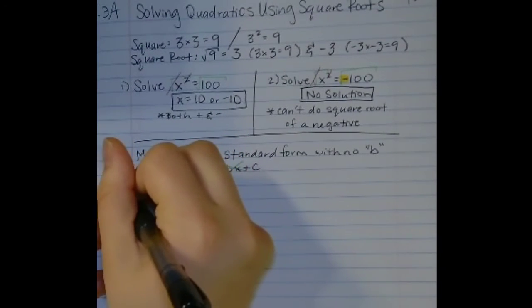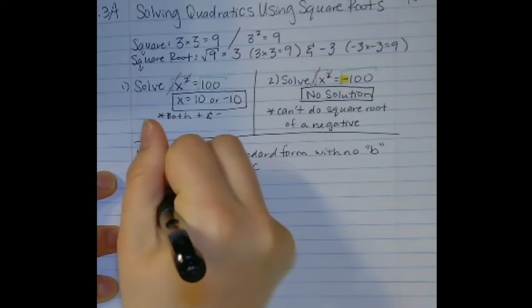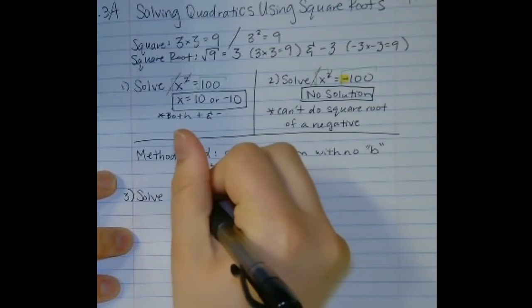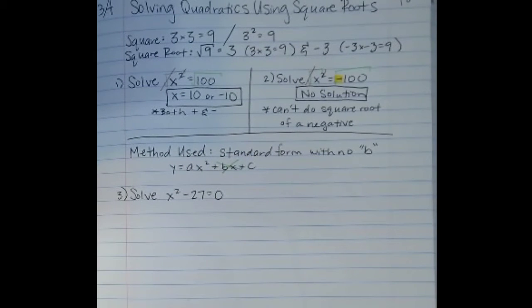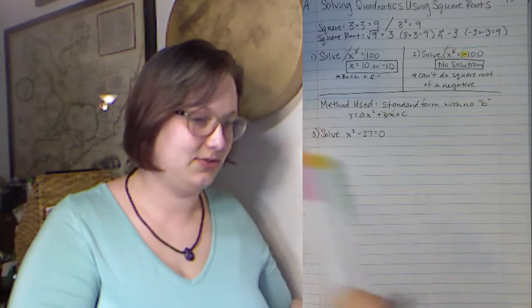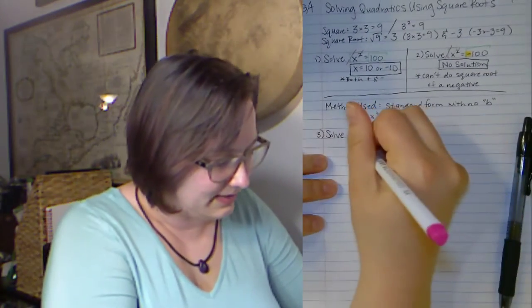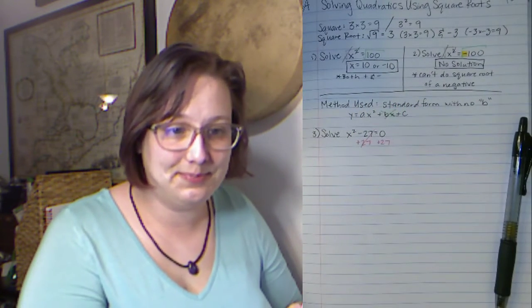So, for example, let's do a third problem. We're going to solve x squared minus 27 equals 0. So if we do x squared minus 27 equals 0, what I'm going to do is add 27 to both sides, because this cancels out that.